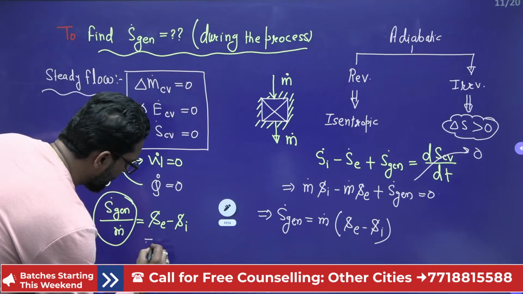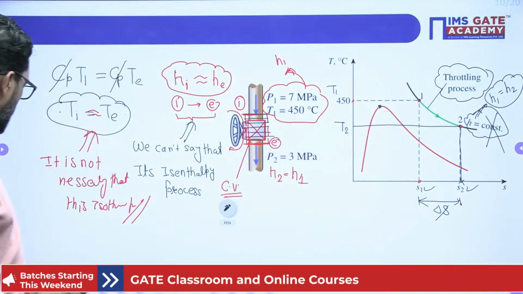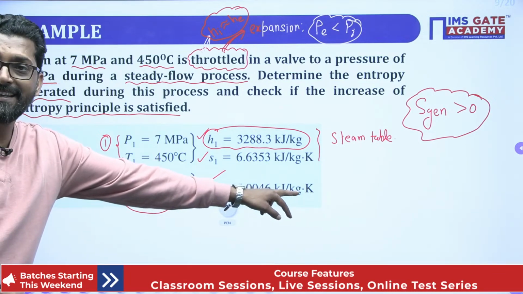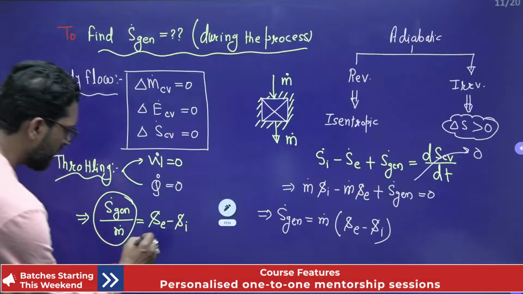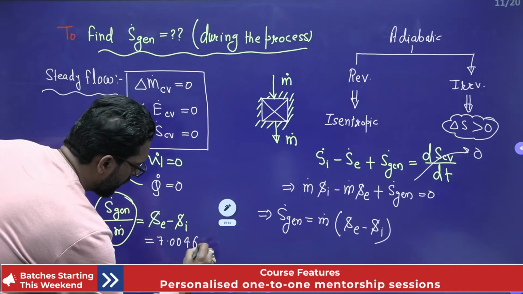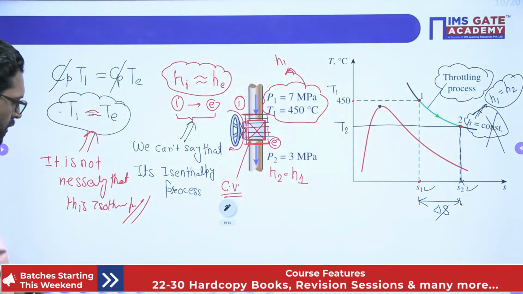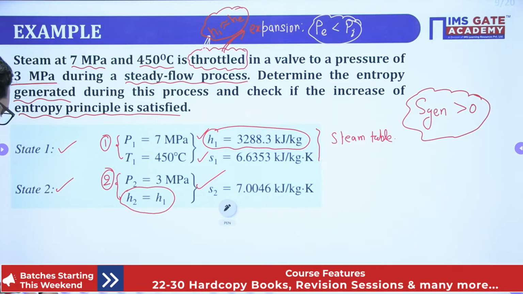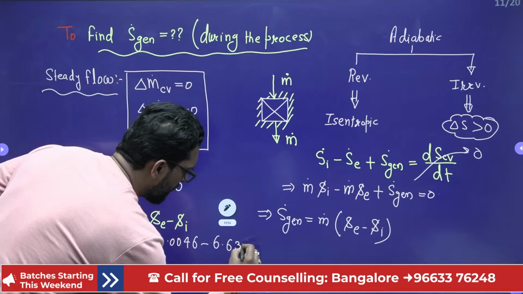So what is the exit entropy? We already know the exit entropy: 7.0046 kilojoule per kg Kelvin. Minus what is the inlet? The inlet is 6.6353.